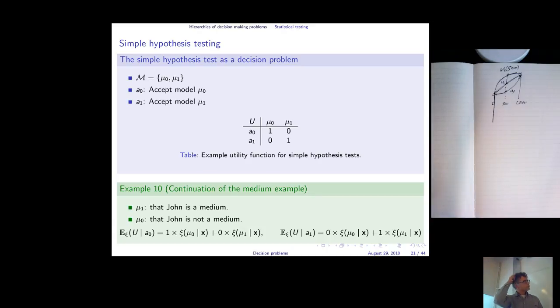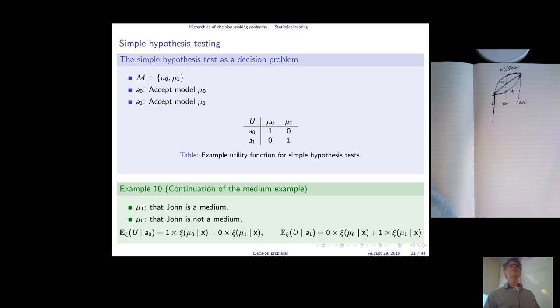Now, these are some kinds of problems called hypothesis testing problems, where you have a pair of hypotheses that are different, and you would like to decide which one is the correct one. Okay. So, for example, you can say Coca-Cola causes cancer or doesn't cause cancer, for example. Okay. But usually, to do that, you have to specify what it means that something causes cancer or not cause cancer.